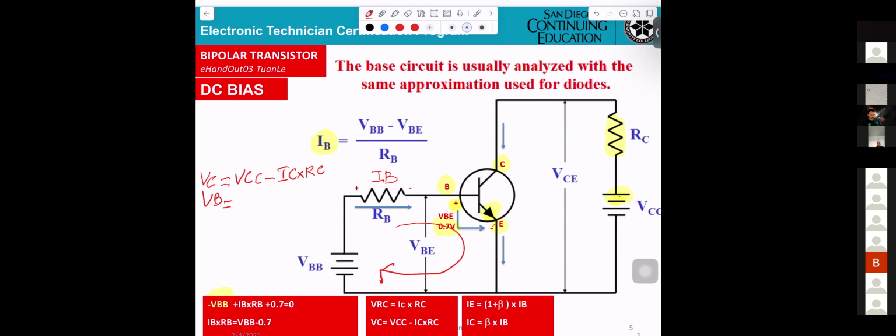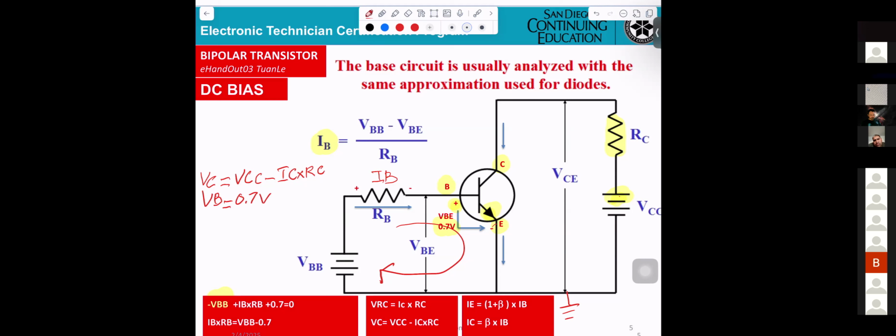So if you're looking into the schematic, what does VB equal in this situation? It's the diode potential, 0.7 volt. Ground is on E, we don't have a ground drawn here in our picture.